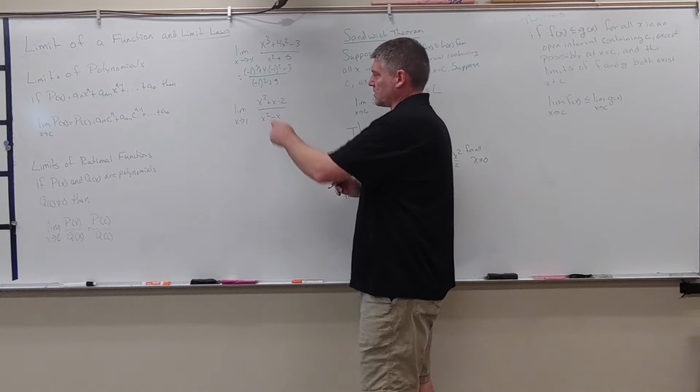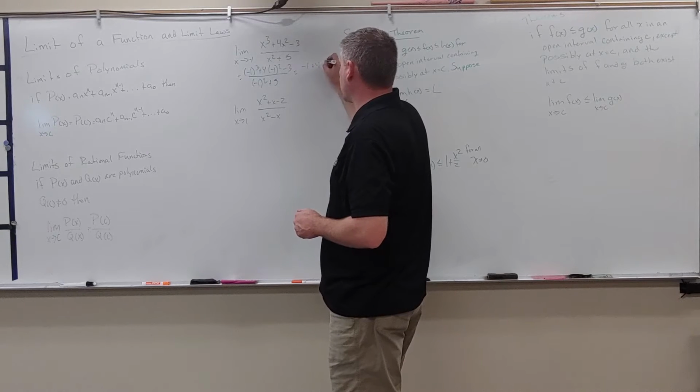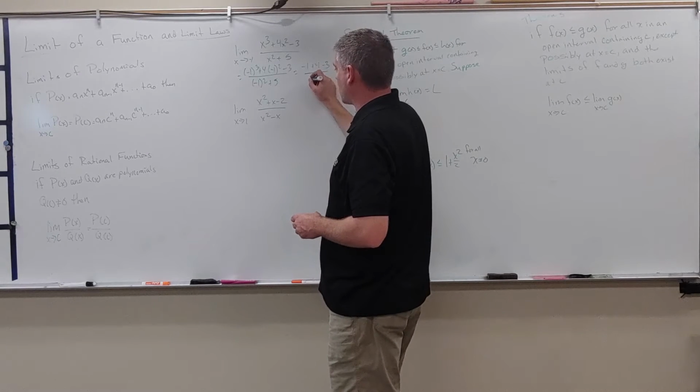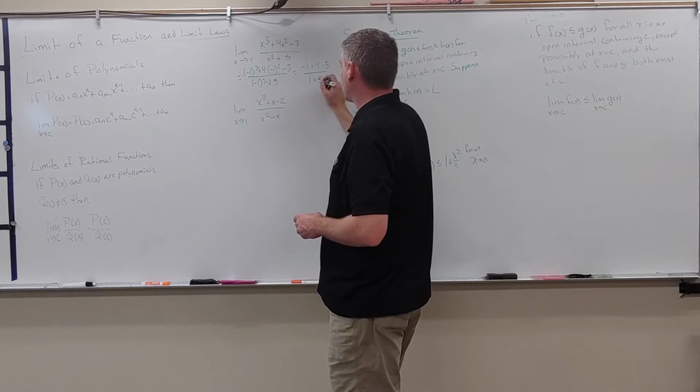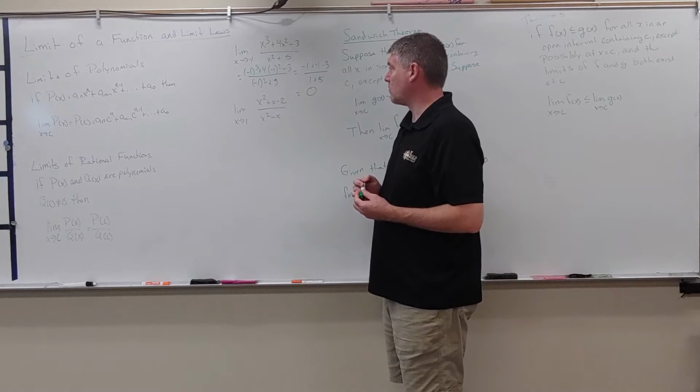All right, so this is going to give me -1 plus 4 minus 3 over 1 plus 5, which is going to give me 0. Okay, so my limit of this is going to be 0.